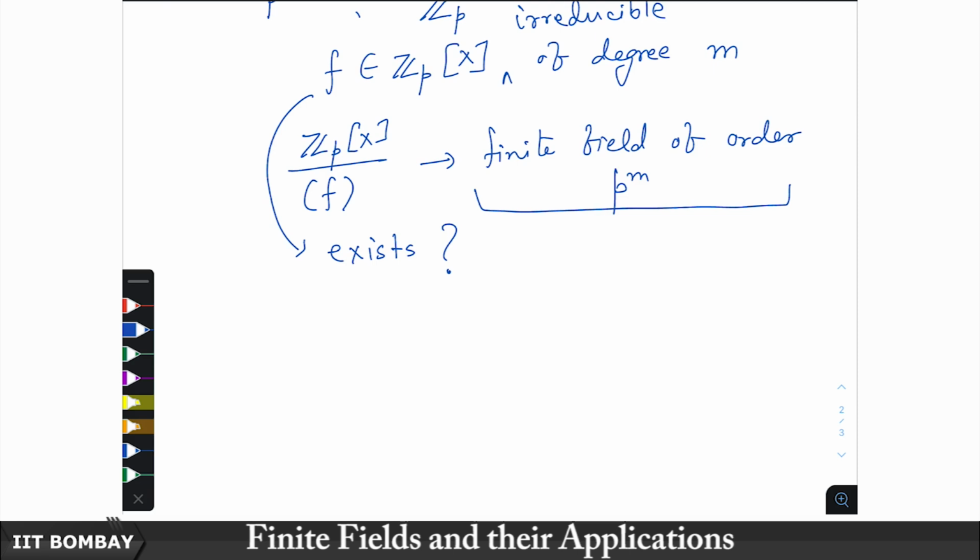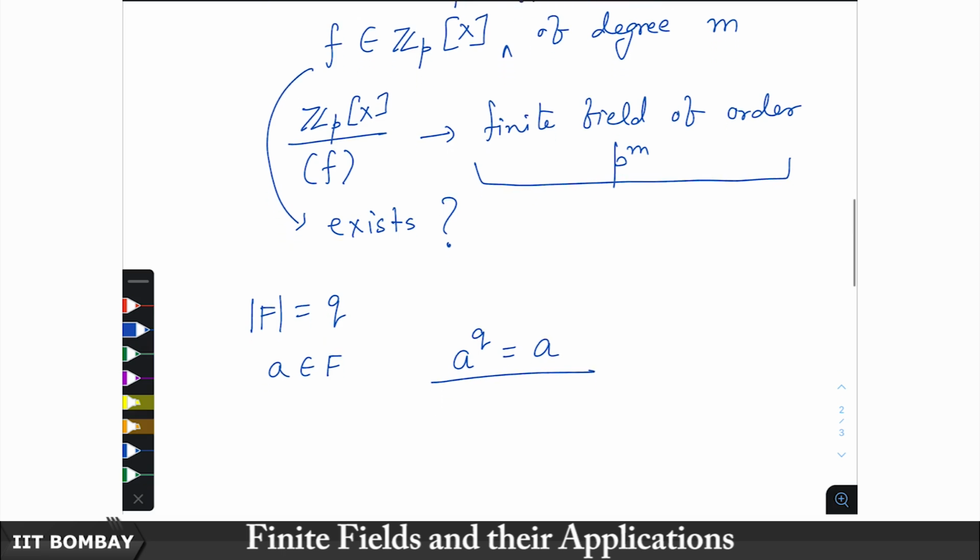Okay. So, now let us see how to prove the existence of a finite field of order p power m for any prime number p and any integer m. First, we note that if a finite field F has order q, then every element A in F satisfies the following condition: A power q is equal to A. Why is this?